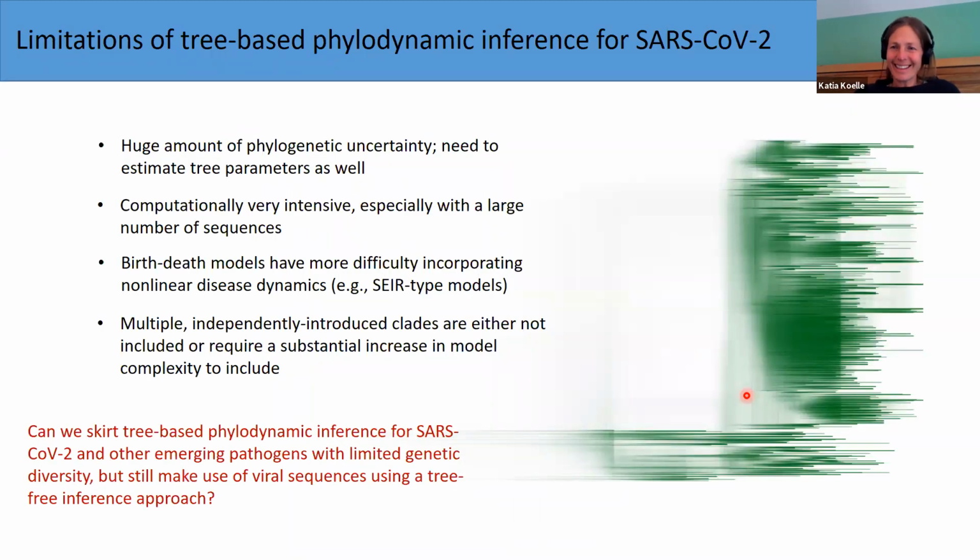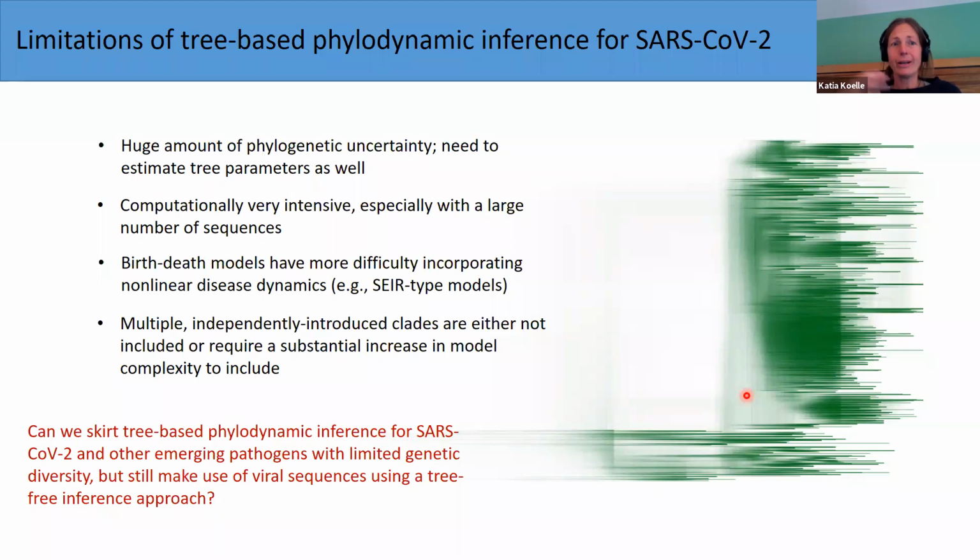Okay, so getting to the second part of the talk, which is on tree-free phylodynamic inference. This is very similar to that slide that Samuel had about challenges in phylodynamic inference. Specifically, I want to focus here on the limitations of tree-based phylodynamic inference. For an emerging viral pathogen like SARS-CoV-2, with relatively low substitution rates and so forth, there can be a huge amount of phylogenetic uncertainty, right?